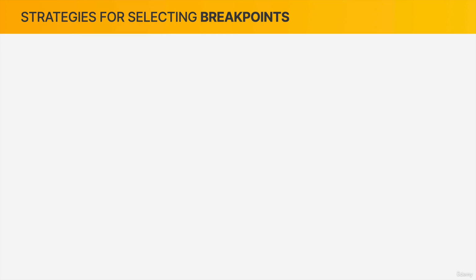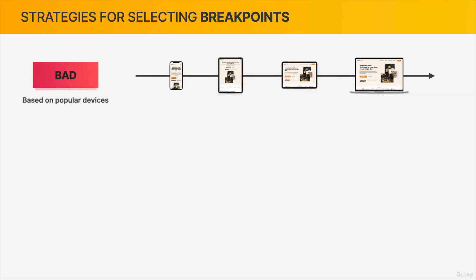Now, about actually selecting these breakpoints, back in the day, we would simply use the screen width of popular Apple devices like the iPhone and iPad as breakpoints and simply call it a day. And while this is certainly the easiest way of doing it, we actually no longer do this. And that's for two important reasons.